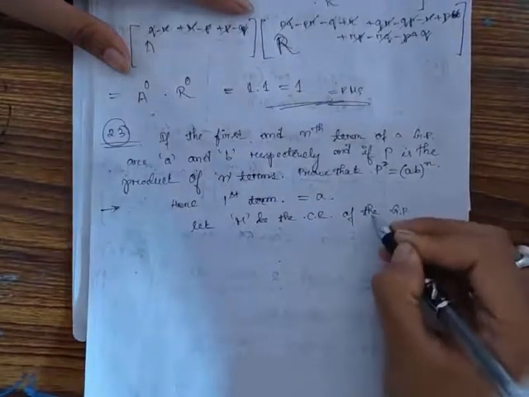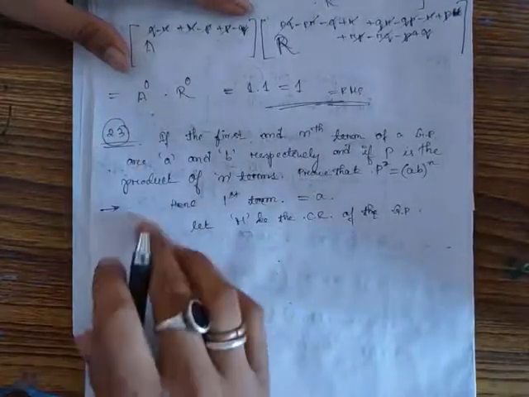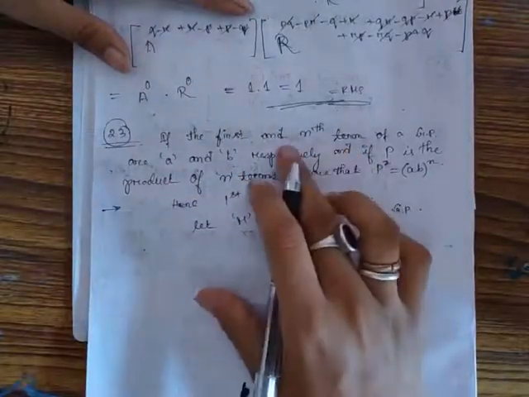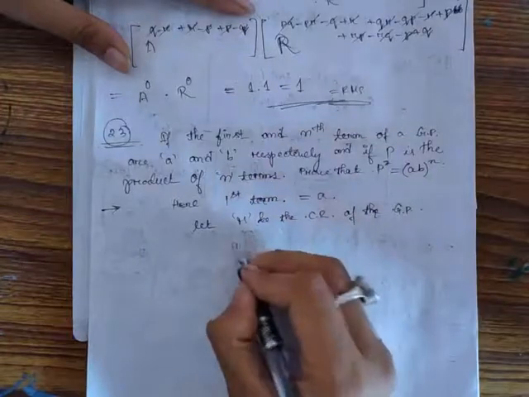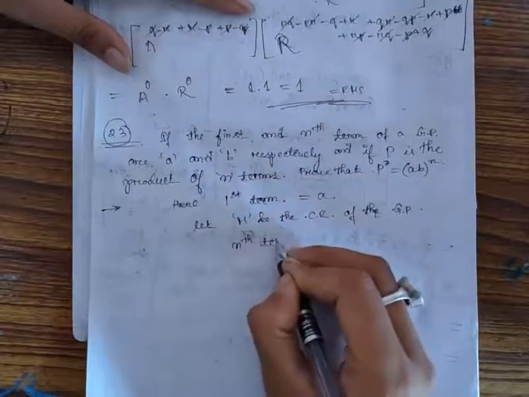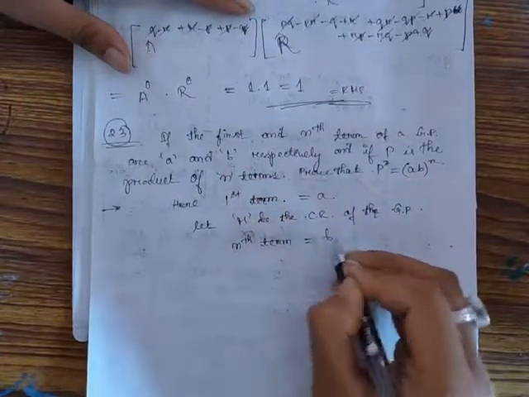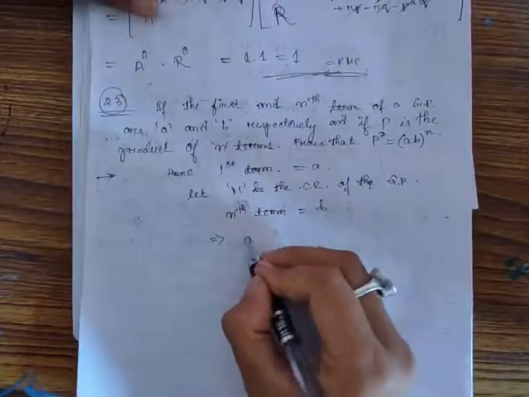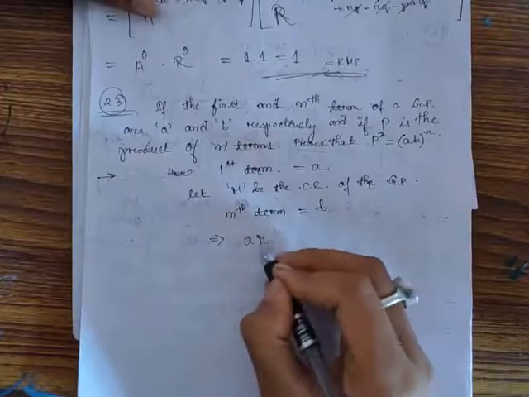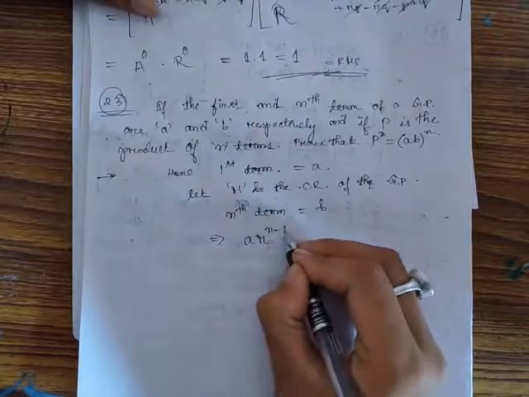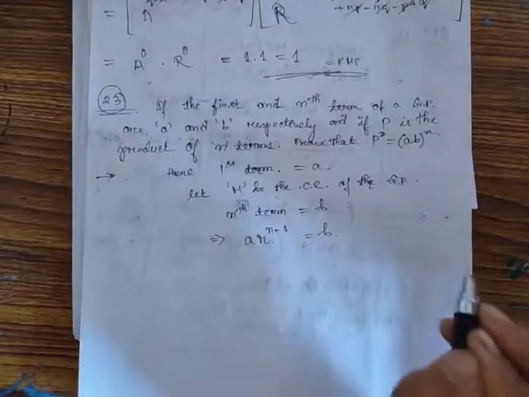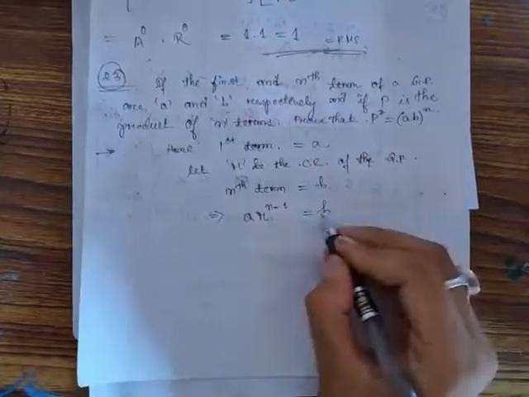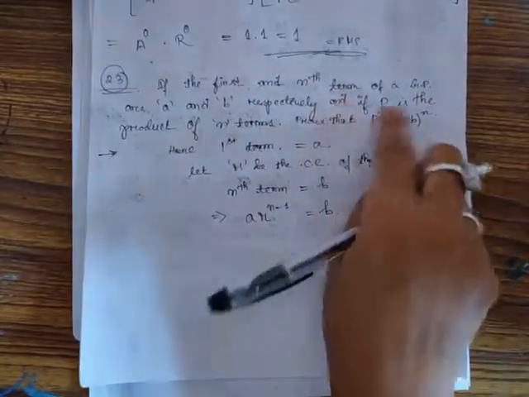And the nth term of the GP is given as small b. Now, how do we find the nth term of a GP if a is our first term and r is our common ratio: a into r to the power n minus 1 equal to b.